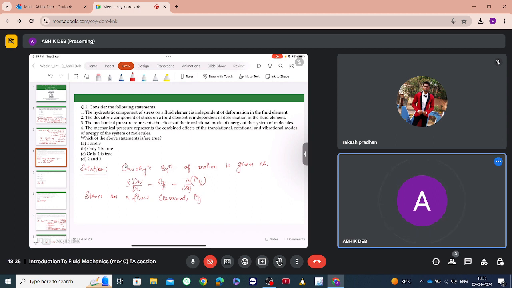tau ij is equal to minus p delta ij plus sigma ij, where delta ij is called the Kronecker delta. It is equal to 1 when i is equal to j, and equal to 0 when i is not equal to j.